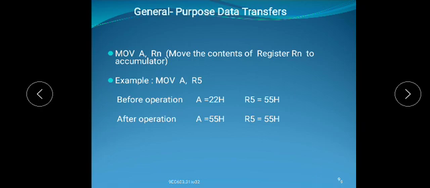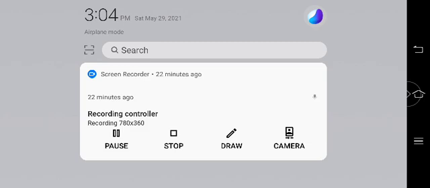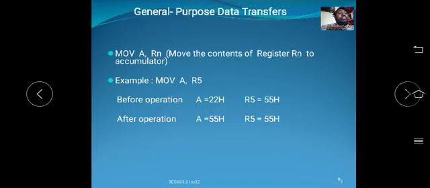The example: MOV A, R5. Here, before the operation, A is equal to 25H, R5 is equal to 55H.